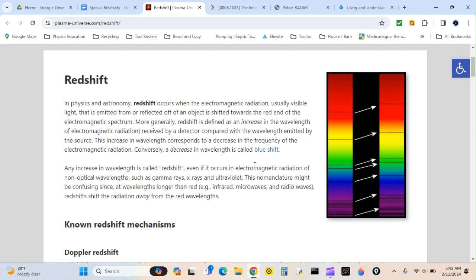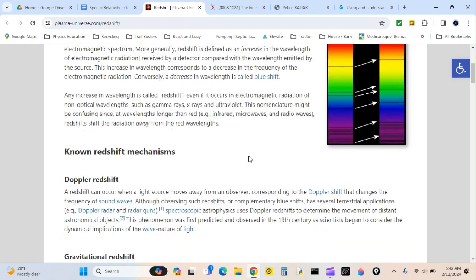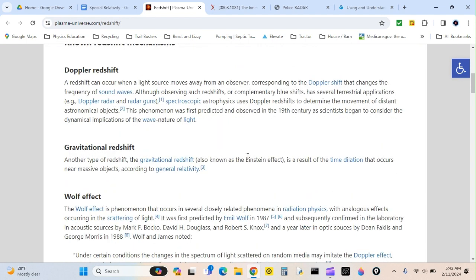Rather than get up there and wave my arms and so on like I normally do, I'm just going to show you some pictures here that'll help us understand that Doppler redshift is not the only idea that explains or measures how fast the universe is expanding or other astronomical things like that.